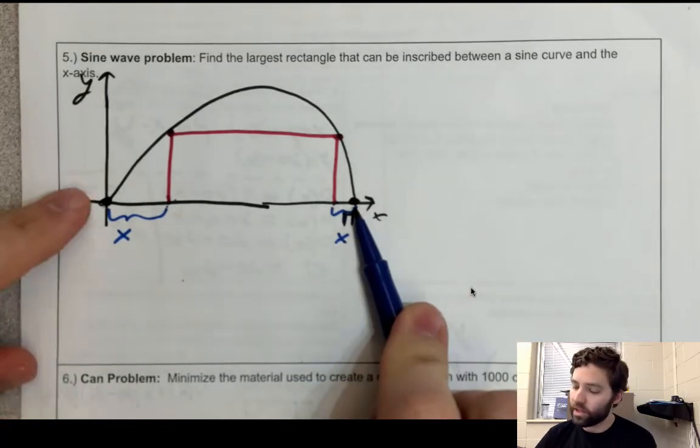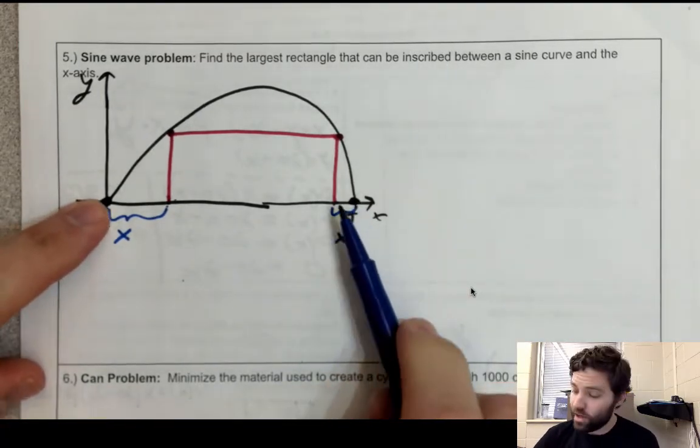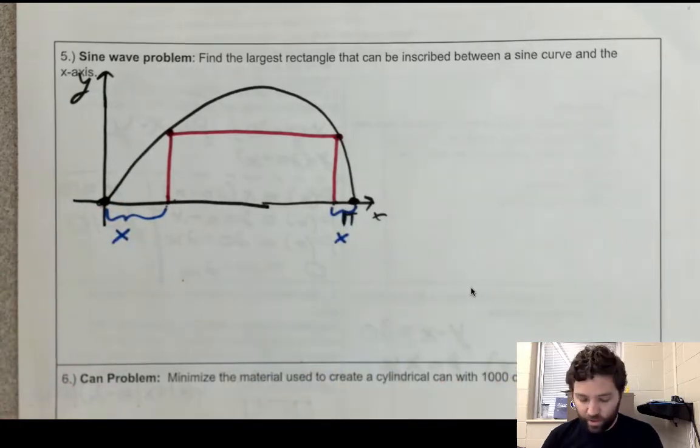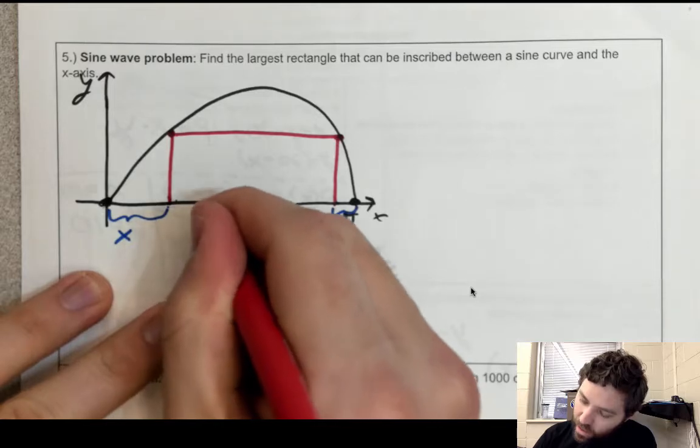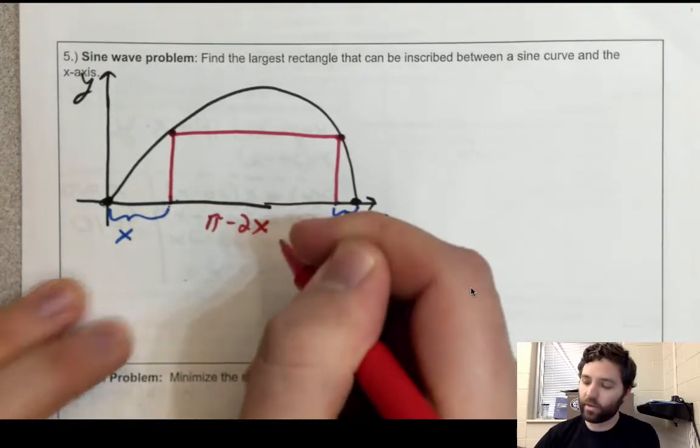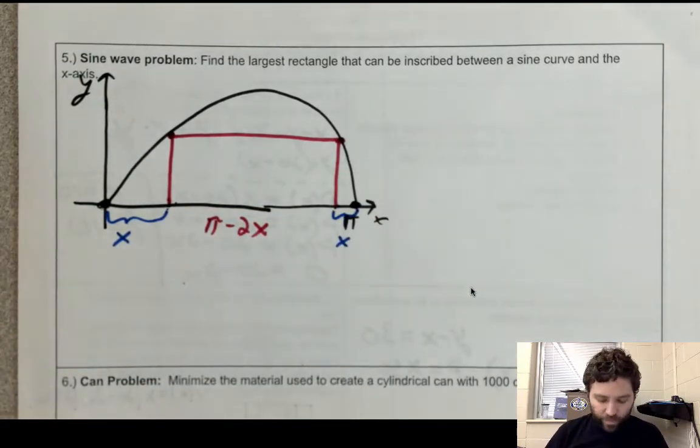We know the whole thing here is pi. So taking off these two pieces, we get the length of our rectangle: pi minus 2x.